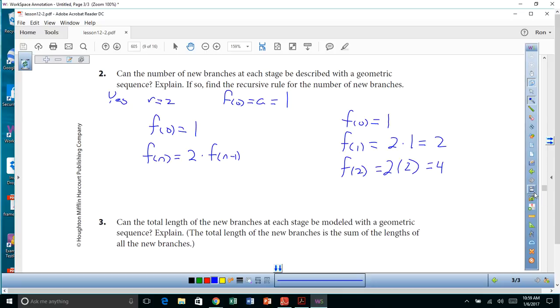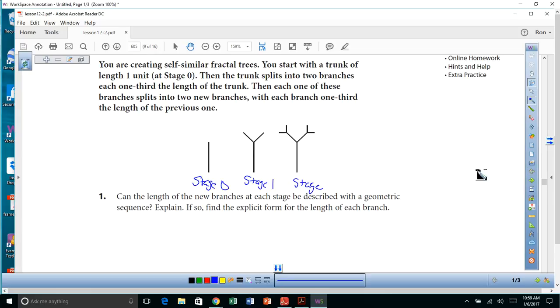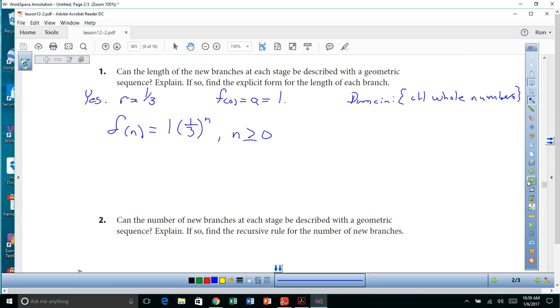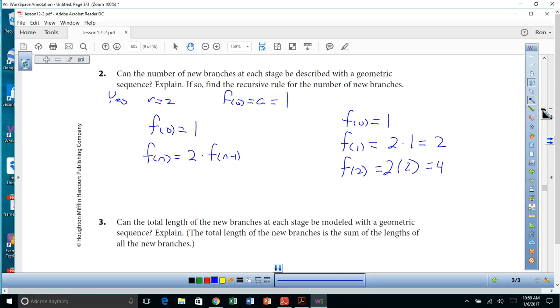Let's try that. Let's go back and look. So f of 0 is 1, f of 1, stage 1, would be 2. There's your 2 branches. And then stage 2, f of 2 would be 4. 1, 2, 3, 4. So that worked. All right, good.